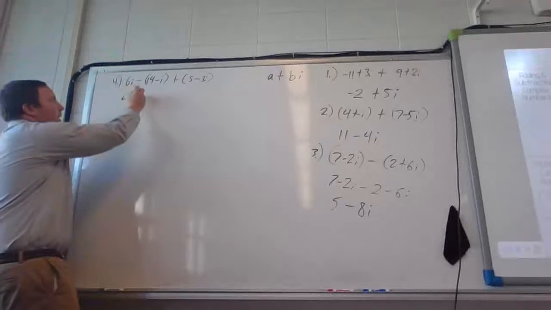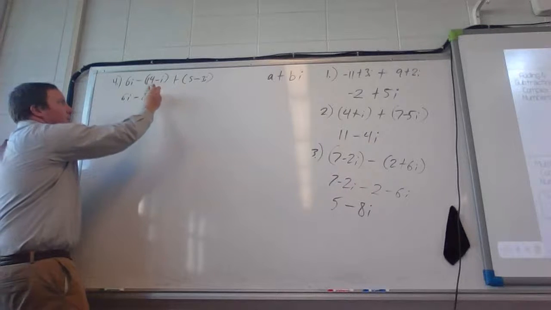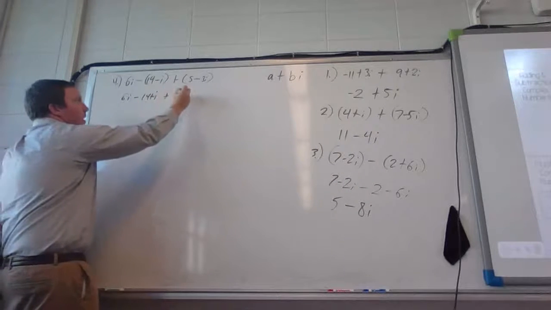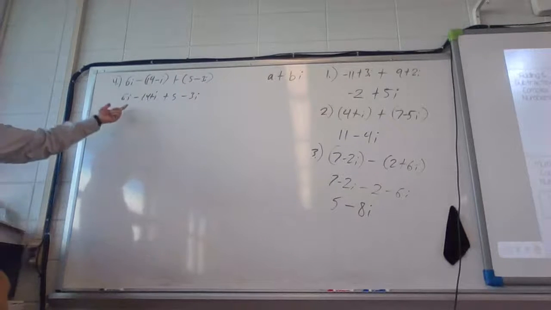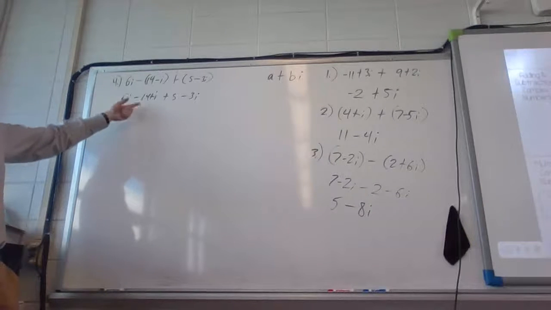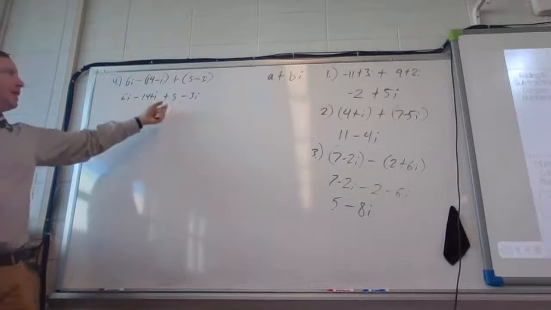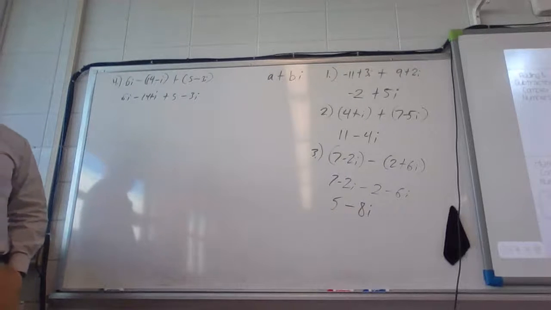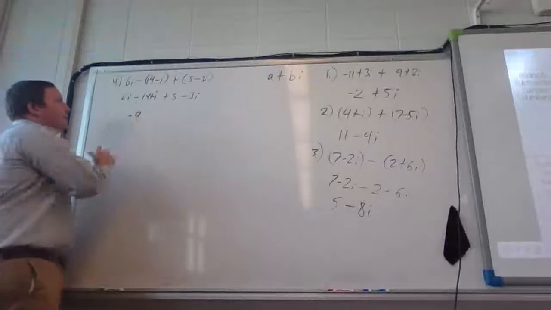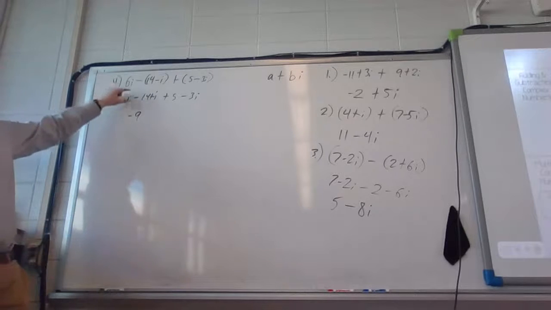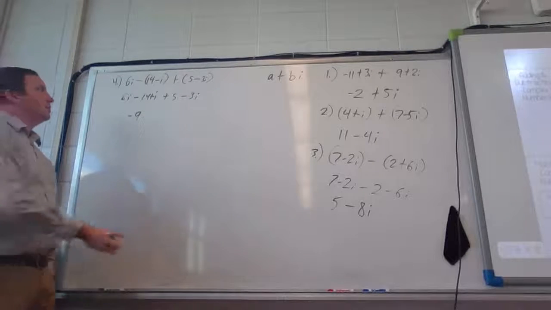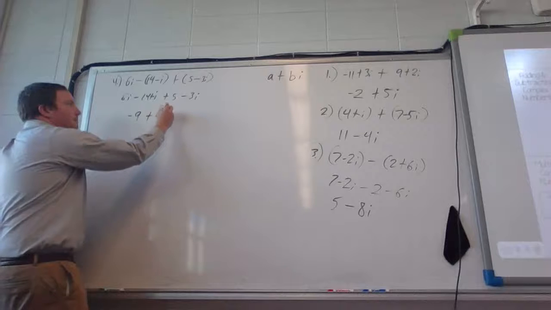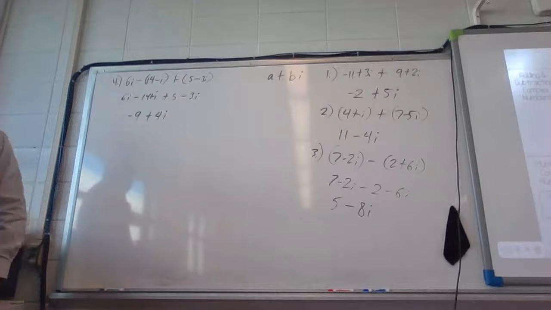So we have a 6i minus 14 plus an i plus 5 minus 3i. No longer have any parentheses, so we just want to combine our like terms. So again, start with your real. We have a negative 14 plus 5. It's going to get us negative 9. And then combine your imaginary parts. We have 6i plus i minus 3i. It's going to get us 4i. Okay? So that is our adding and subtracting complex numbers.